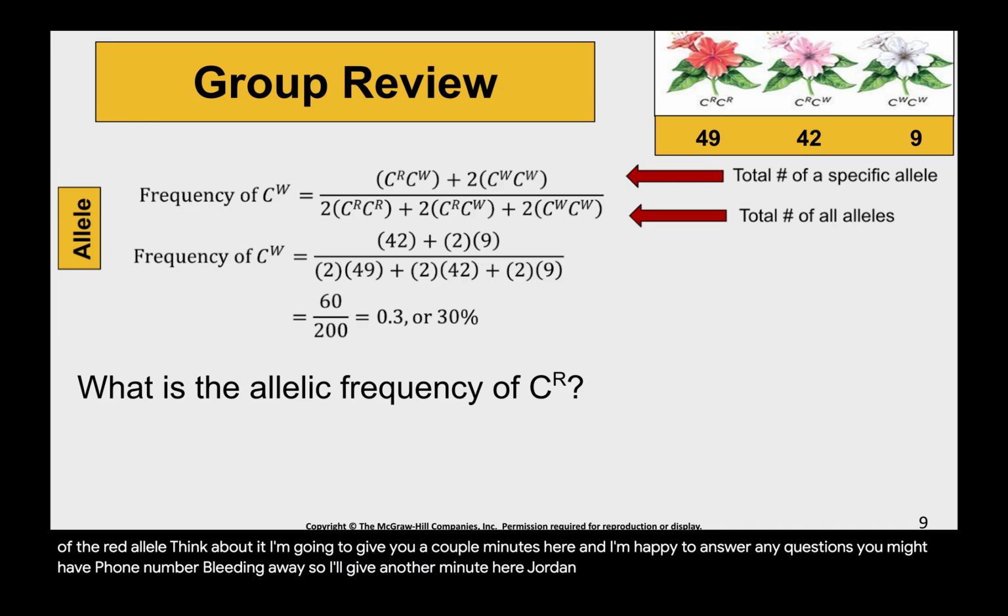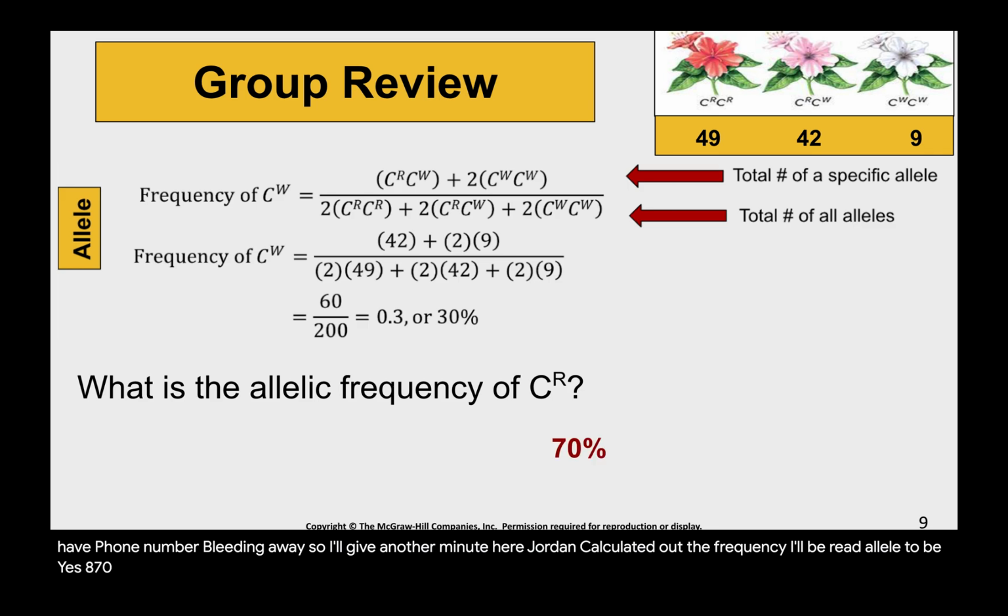So what have we calculated the frequency of the red allele to be? I'm hearing different numbers. I hear 51, or some other numbers? 70? I'm going to say, yes, it is 70%.